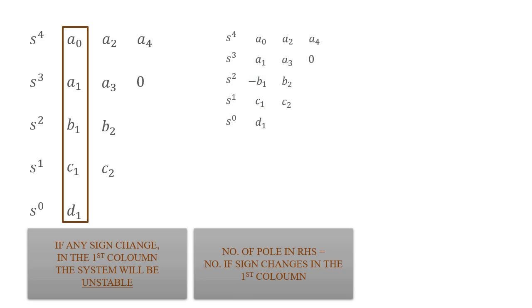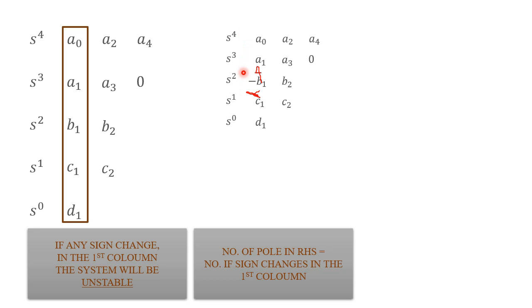And from minus to plus again, here again is a sign change. So let's count this red one: from plus to minus 1, from minus to plus 1 again. 1 plus 1, 2 sign changes are here. And according to our condition, if a single sign change occurs, then the system will become unstable.